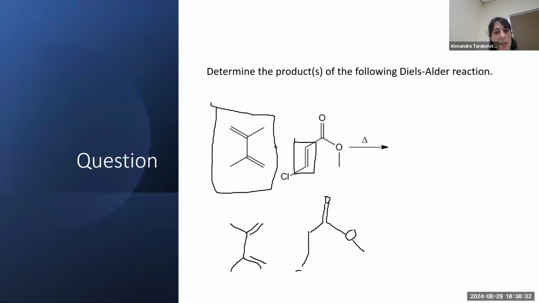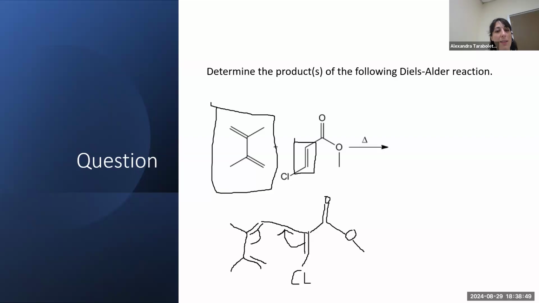So this double bond, this diene, the double bond is what sparks this. It generates 1 new bond like this.